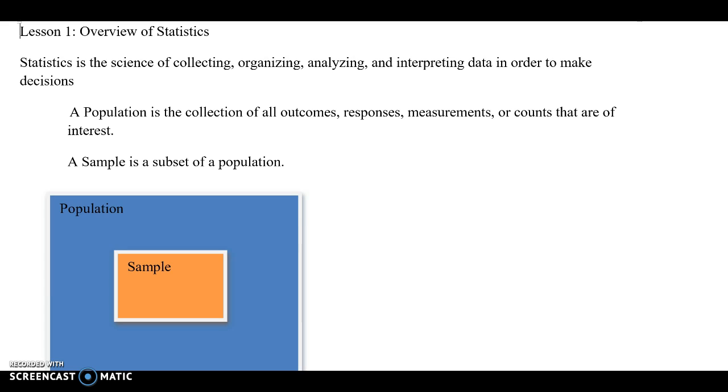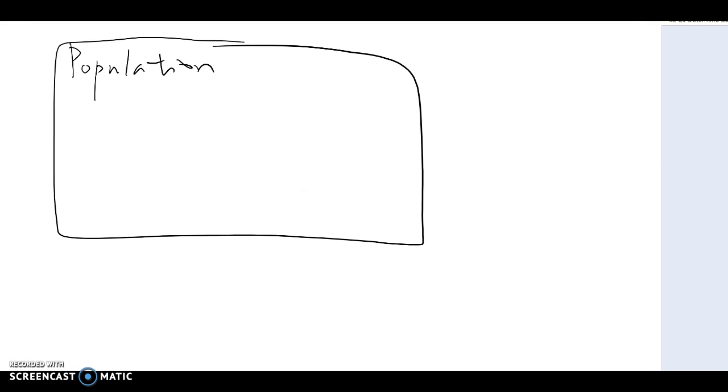Unfortunately, a sample does not always describe the population accurately. The reason is a sample is part of the population, so depending on what kind of sample you select, the result can be different. Look at the diagram, please. Let's say this is the population set.